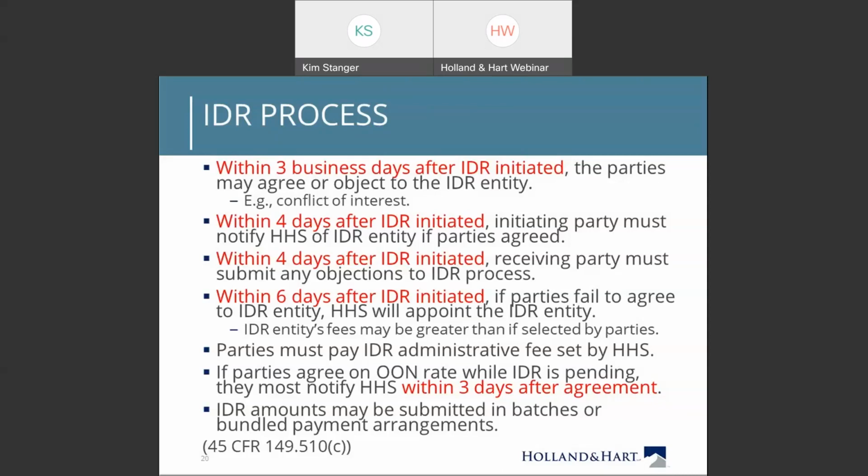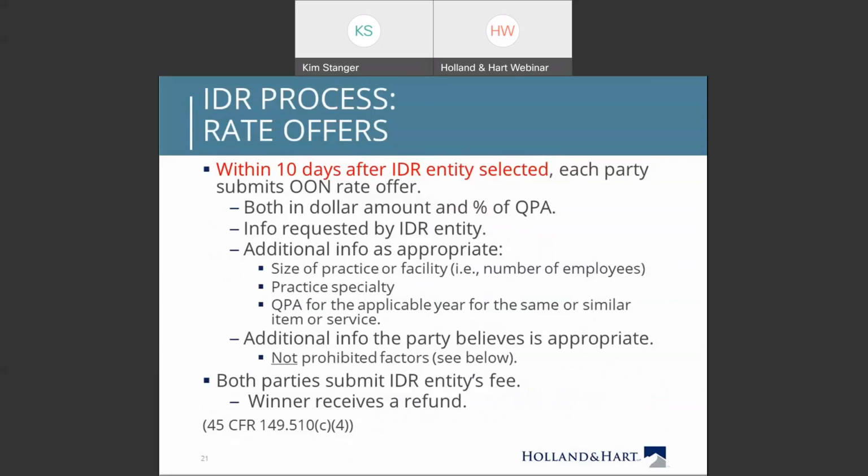If that's the case, then the parties will split the administrative fee. If you want to, the parties to the IDR can submit the disputed items or amounts in batches or bundled payment arrangements so that you can address more than one claim at a time for the sake of efficiency, and there are some rules concerning how you do that.